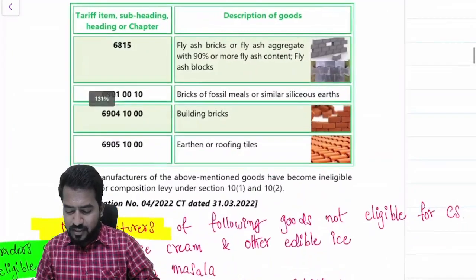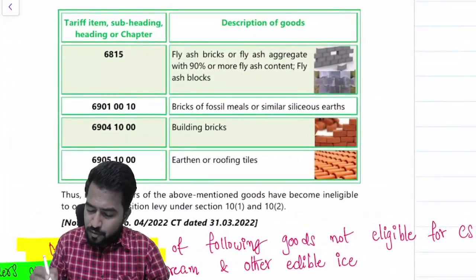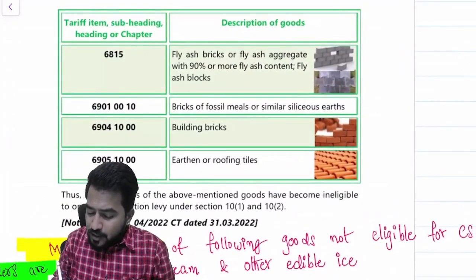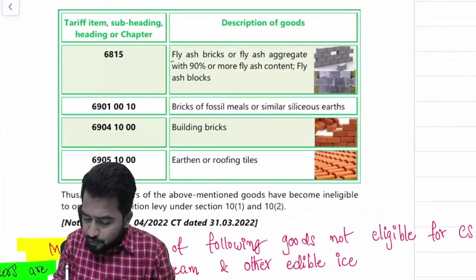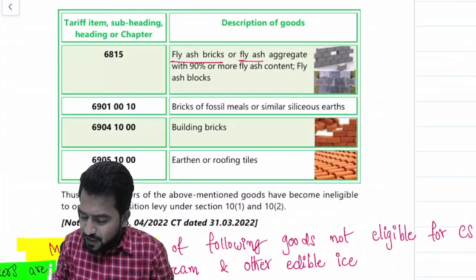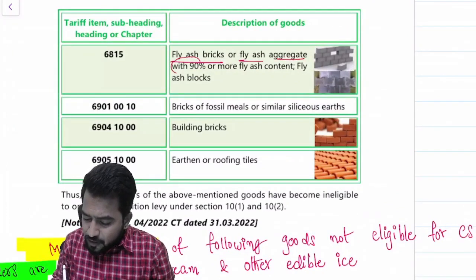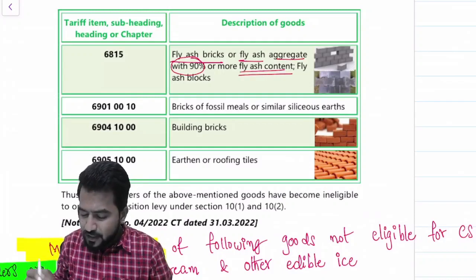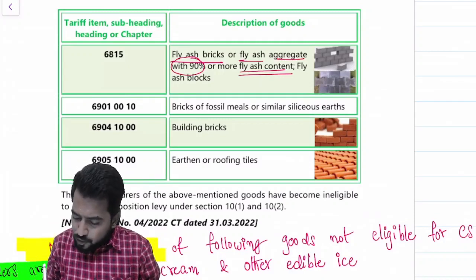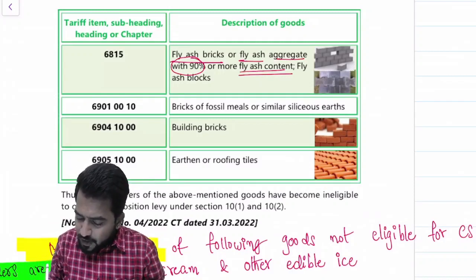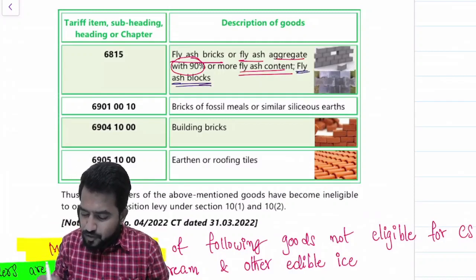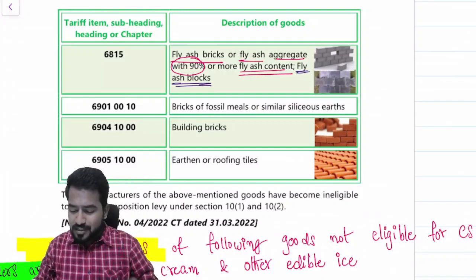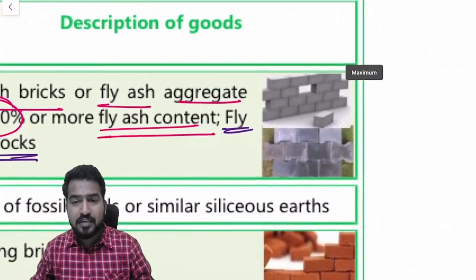So here, what are the products that have been added? My dear friends, here they have added any manufacturer of fly ash bricks or fly ash aggregate where 90% or more is fly ash content, my dear friends. And also they have given fly ash blocks, the manufacturers of these things. So what are these fly ash bricks? You can see here in the image.